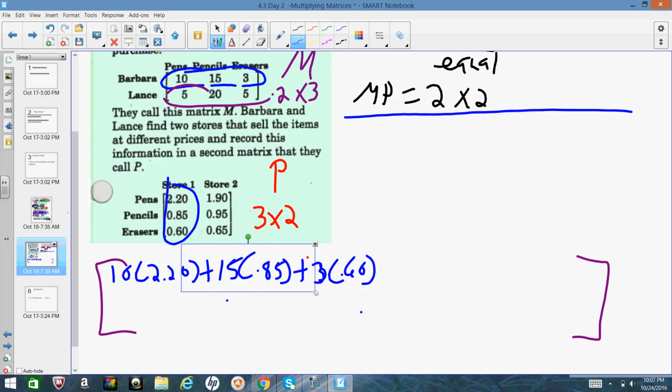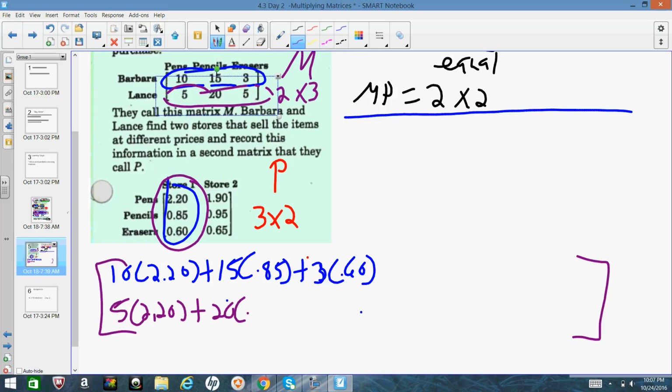Then I'm going to take the bottom times the left. So I'd have 5 times 2.20 plus 20 times 0.85 plus 5 times 0.60.